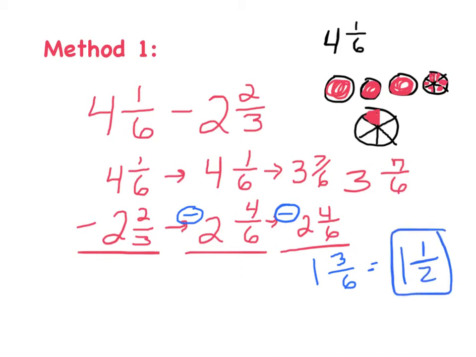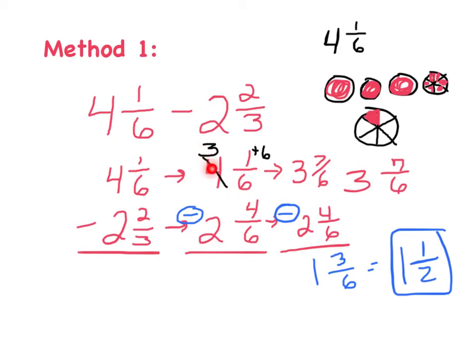So practically speaking, because up here it's not conducive to have to draw this out every single time, basically what I'm going to do is I'm going to borrow from the 4, I'm going to borrow 1 whole, which in this case I'm going to choose to add 6, which gives me 7. I choose to add 6 because it's divided into 6 pieces.